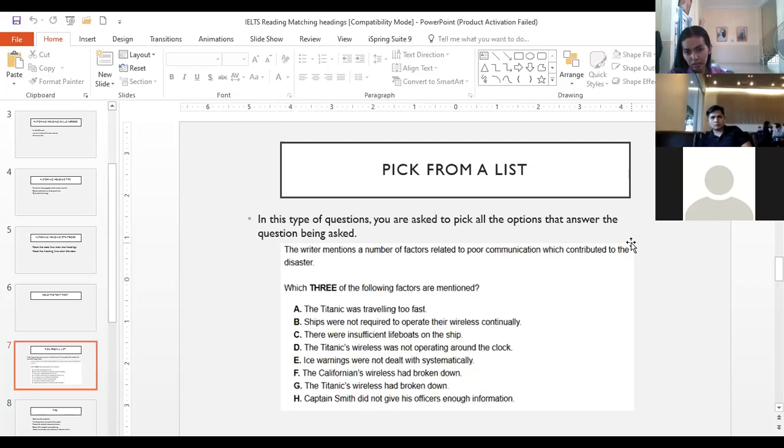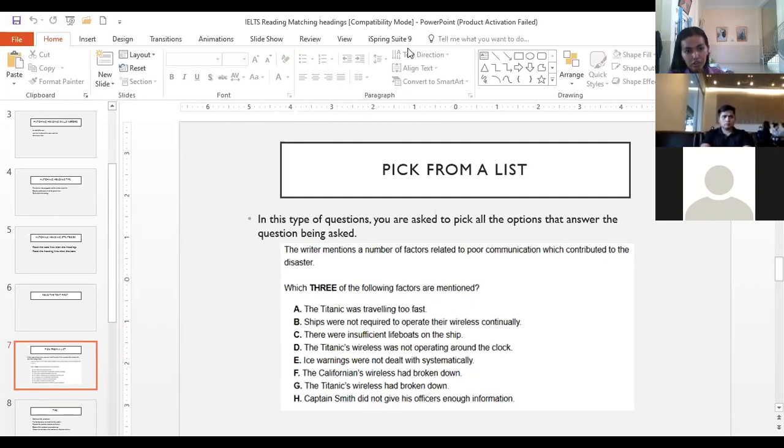They are the ones that you need to consider searching for the answers from the passage. However, this question format, the one that looks like a question, is actually just the instruction. When you read this question mark right here, you will know how many choices you have to pick from. So that's the difference.